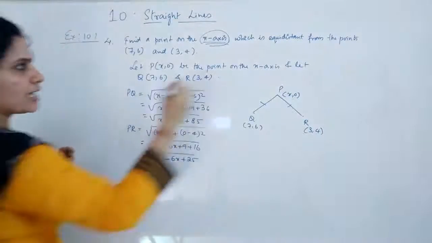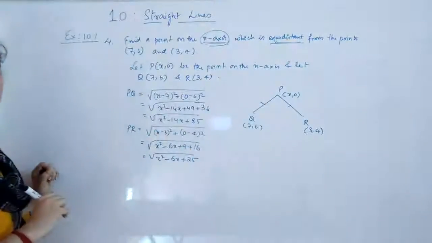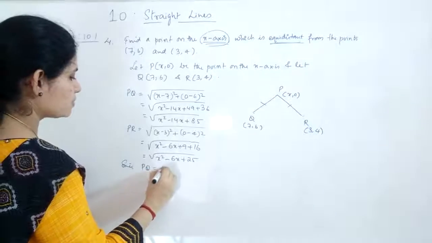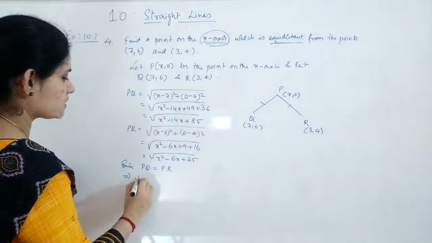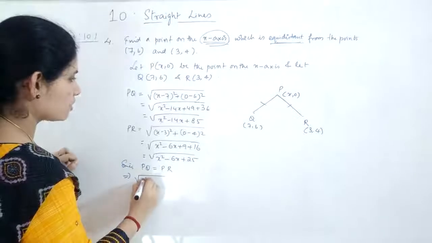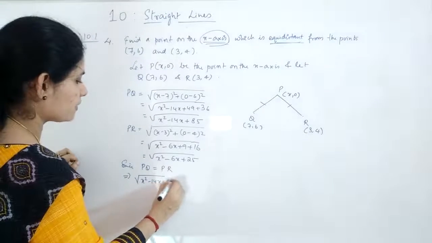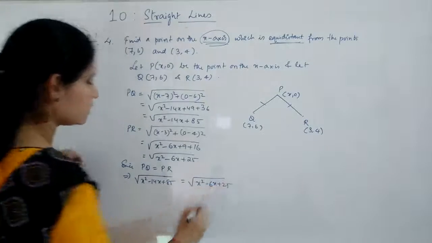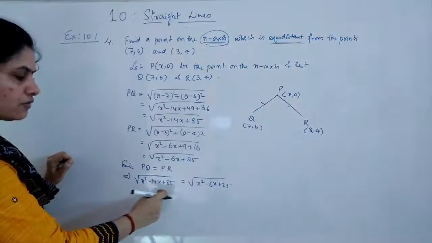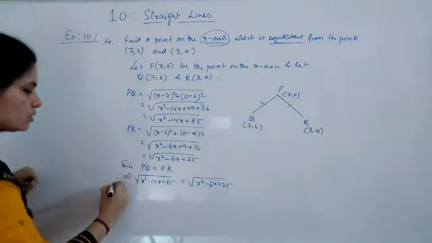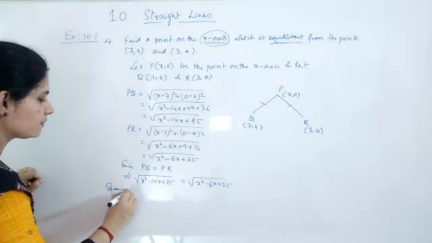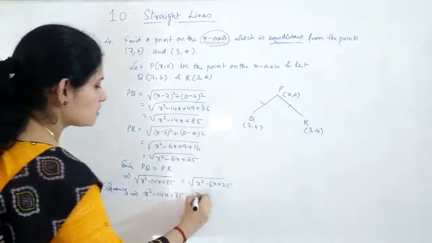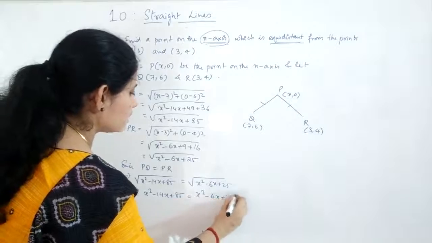Now the concept which we know, or it is given in the question, is that they are equidistant. So since PQ is equal to PR, you are just replacing the value of PQ, which is root of x square minus 14x plus 85 is equal to root of x square minus 6x plus 25. Now both are having root and we have to solve, means we can just square and remove that root. Okay, squaring both sides, we will get x square minus 14x plus 85 is equal to x square minus 6x plus 25.